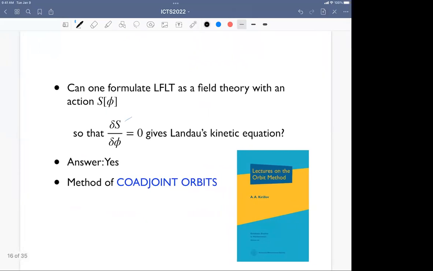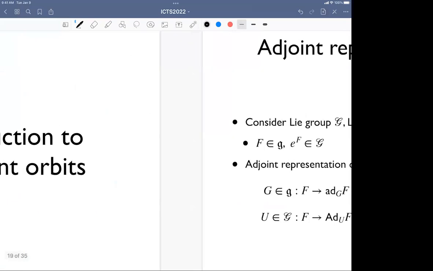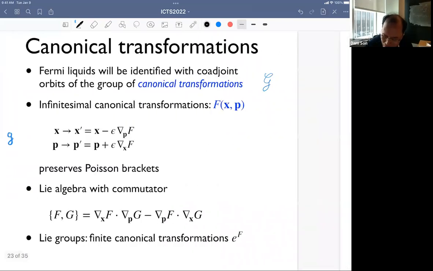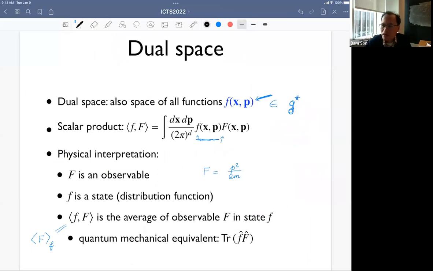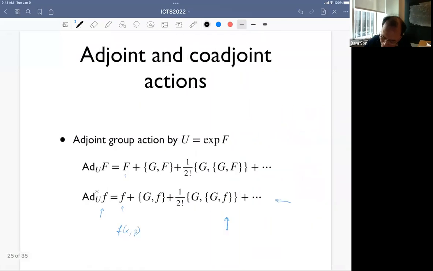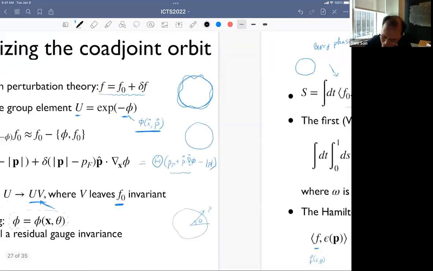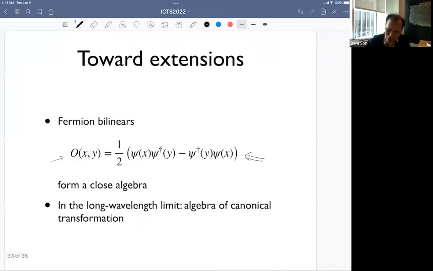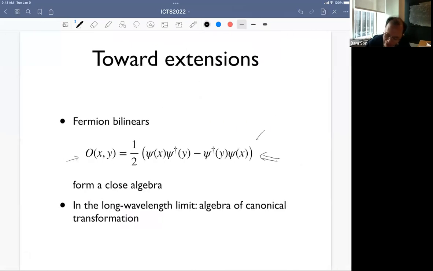But then your question is whether we can go beyond the semi-classical approximation in Landau. One thing that one can do is to promote this canonical group to a group of fermion bilinears.